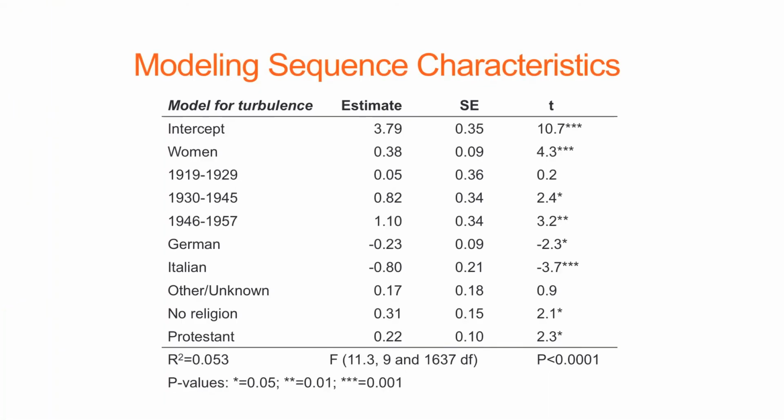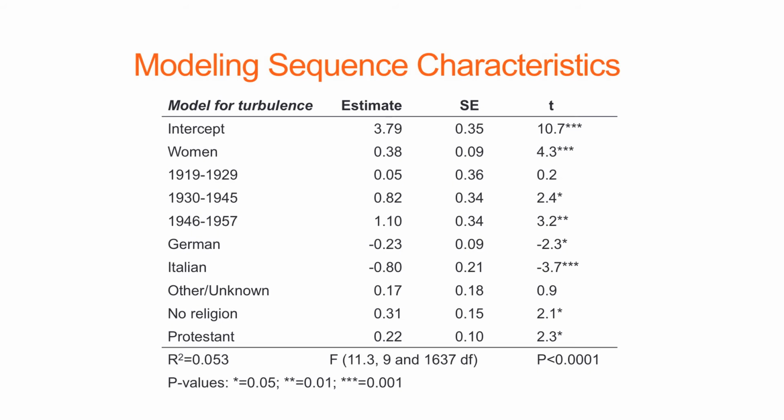Here's an example of modeling after calculating, say, turbulence. We can model sex, age cohort, language of interview, and religion, and see that several of these groups are related to turbulence using a linear regression model.